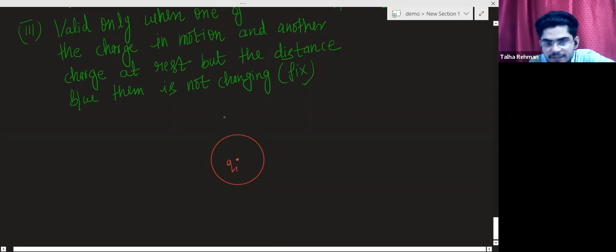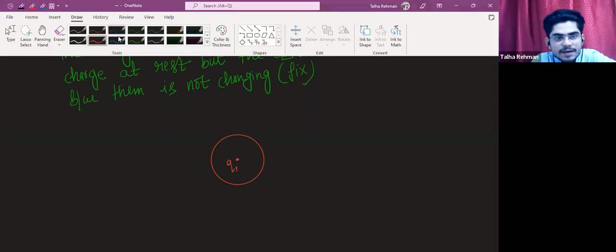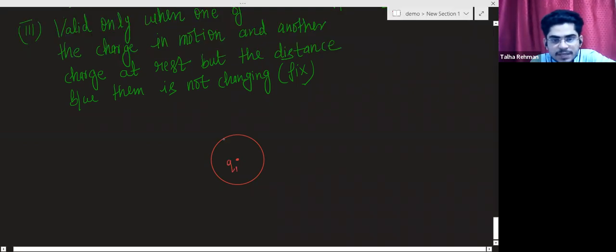This charge is at the center, and another charge Q2 is placed here, and this charge is moving in this circle. So will this distance R change when this charge moves around this circle or not?